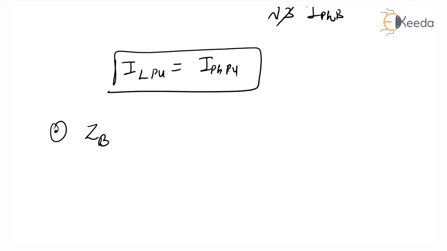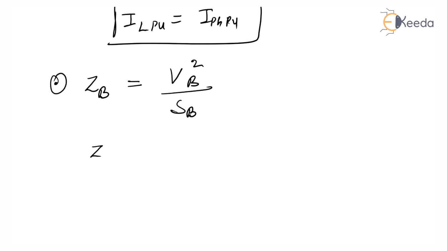Now we'll see impedance. Z base is equal to V square base upon S base. For single phase, Z base is equal to V square phase upon S phase.